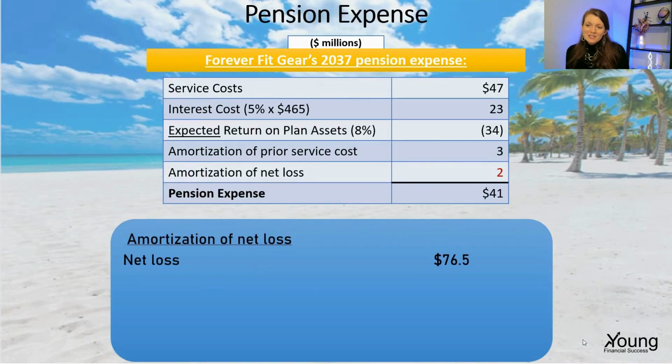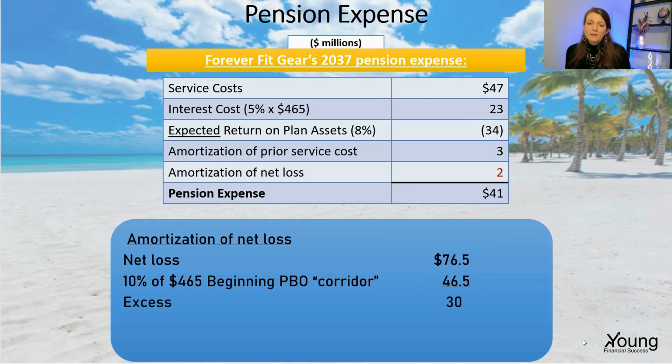So the calculation for that, I keep teasing you with it. We have a net loss, as you saw on that first slide, of $76.5 million. We take 10% of the 465, the beginning projected benefit obligation. So that would be 46.5 million. So the difference here is 30 million. So the excess, the corridor, is 30 million.